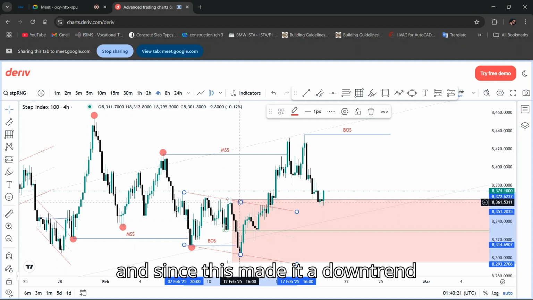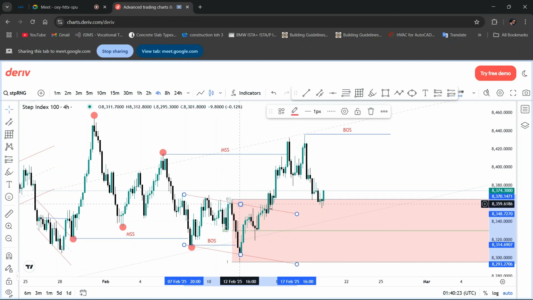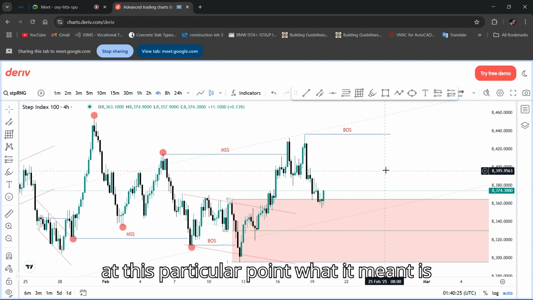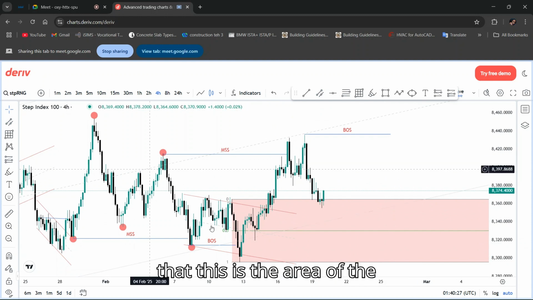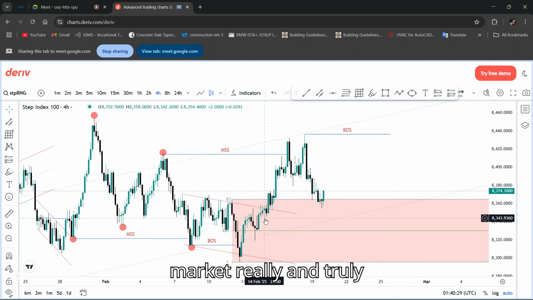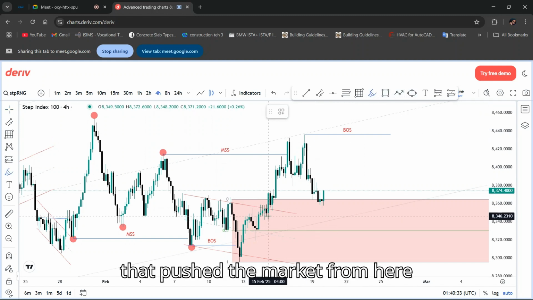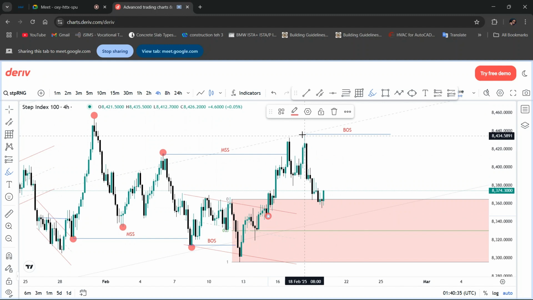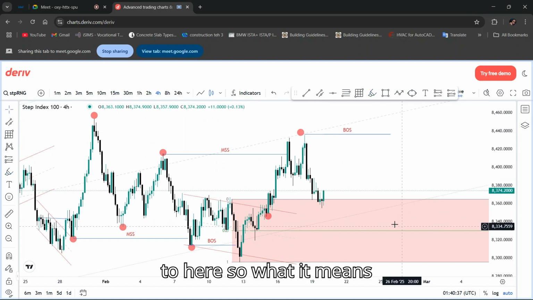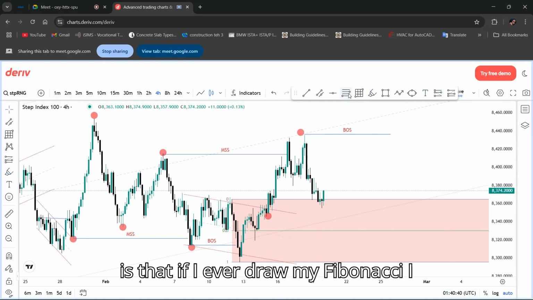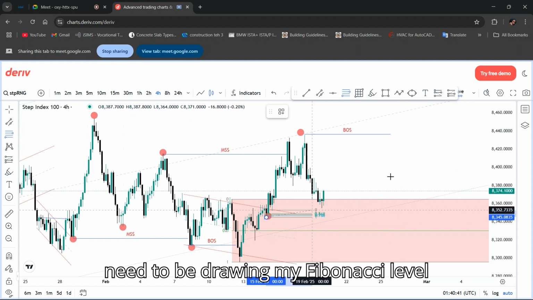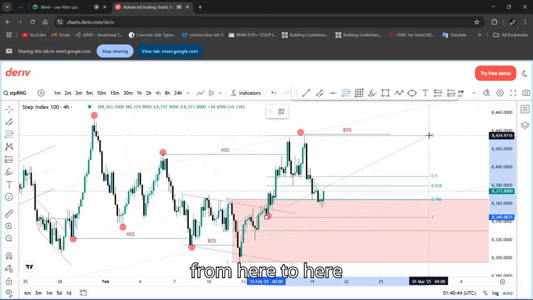And since this made it a downtrend at this particular point, what it meant is that this is the area of the market, really and truly, that pushed the market from here to here. So what it means is that if I draw my Fibonacci, I need to be drawing my Fibonacci level from here to here.